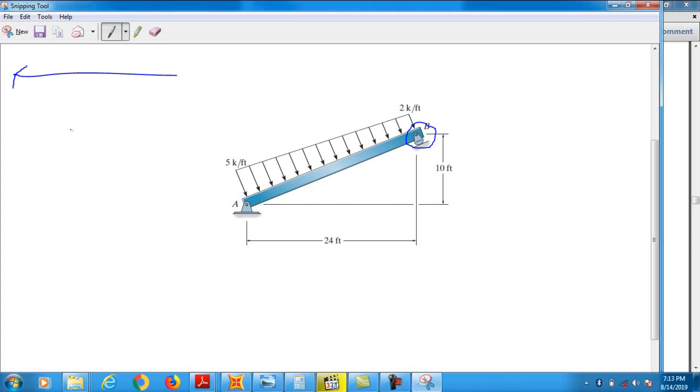Clear? So therefore, whenever we are modeling them in SAP 2000, we assign these columns, these cables, these beams as line elements.